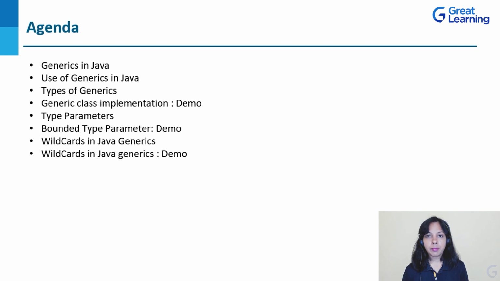Then the type parameters, the bounded and unbounded type parameters, we'll discuss all that. And then lastly, we'll talk about the wildcards in Java generics. And also, we'll talk about the example, demonstration or implementation using any of the IDE. All the concepts which we'll study like generic class, wildcards in Java generics, there will be an implementation for these topics as well. So let's get started.